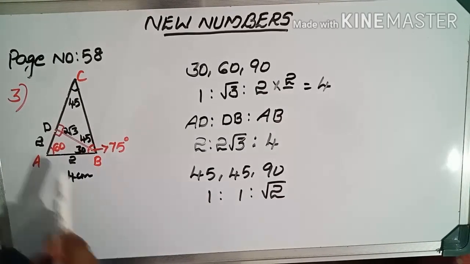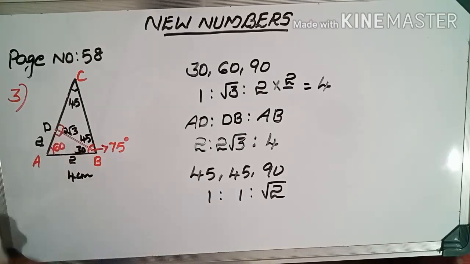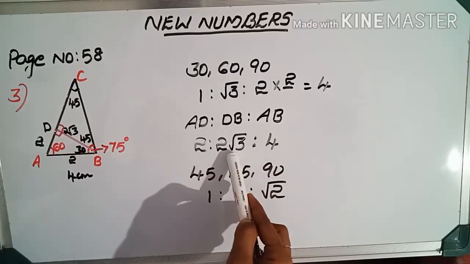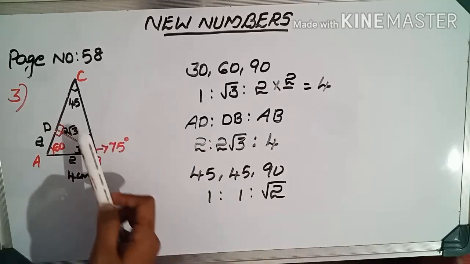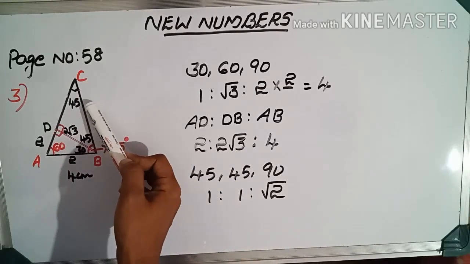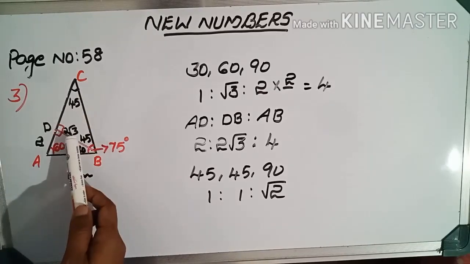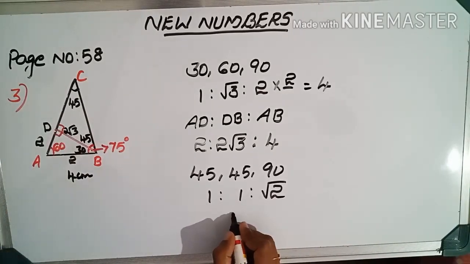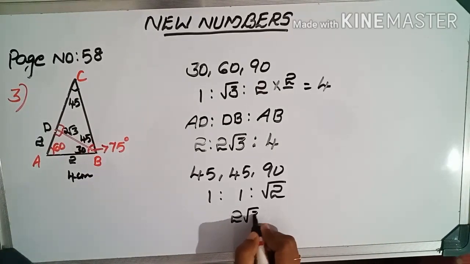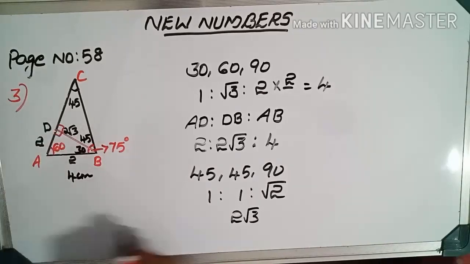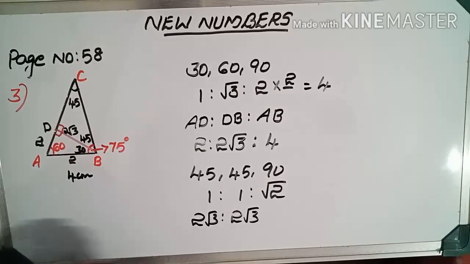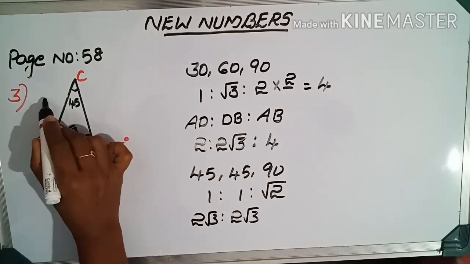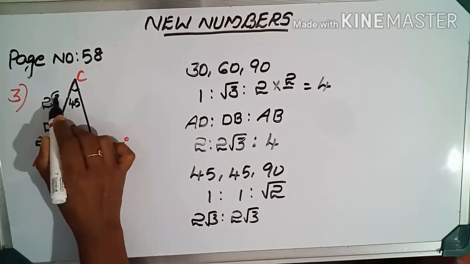Now check here. DB is 2 root 3, which we found earlier. That means the side opposite 45 is 2 root 3. Here the opposite angle is 45, so the opposite side is 2 root 3. Then the other side opposite 45 will also be 2 root 3.